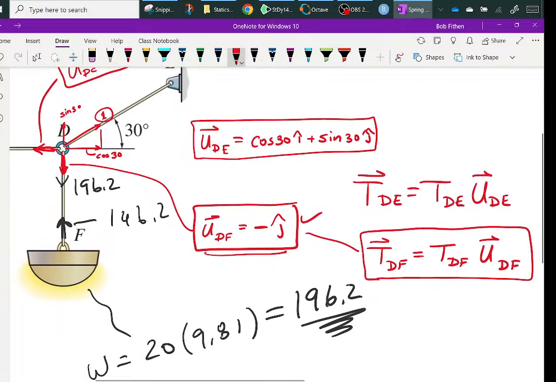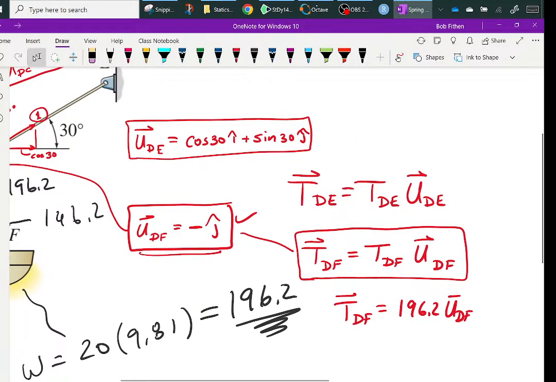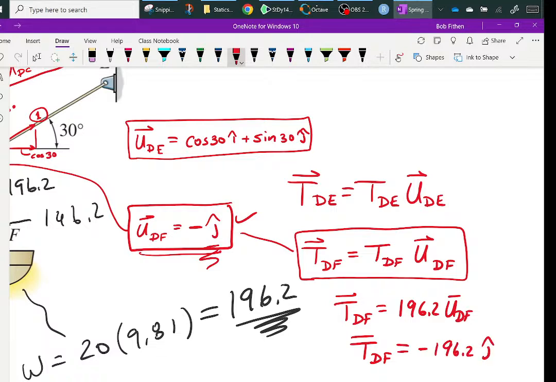I mean, if you want to, TDF. Now I'm going to save writing this completely out, but 196.2 UDF. Now, if you look at UDF, TDF is equal to minus 196.2 J. So it is pointing down, but we're going to use this at first.